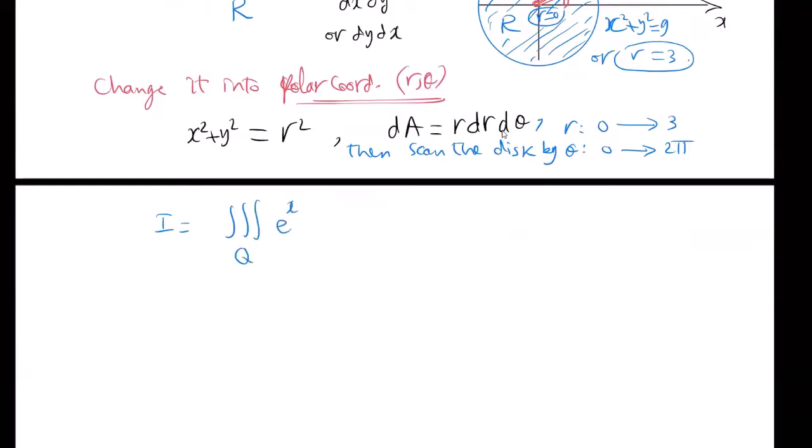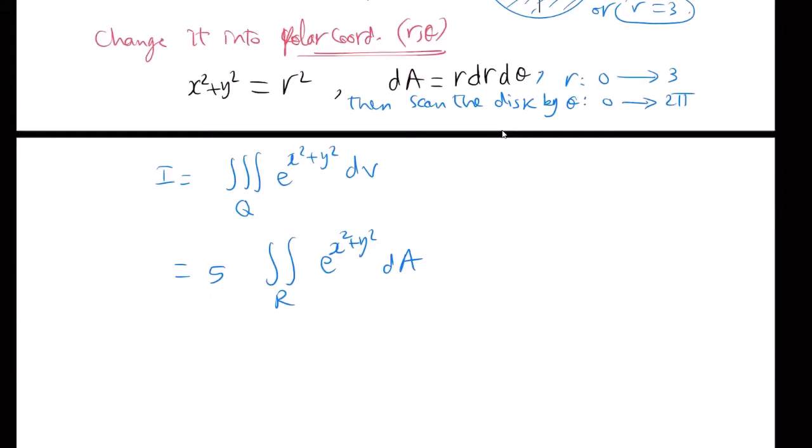the integral of e to the x squared plus y squared dV becomes now what? 5 times the integral over R of e to the x squared plus y squared dA. How do we change it? We use this transformation. This transformation will make it easier.